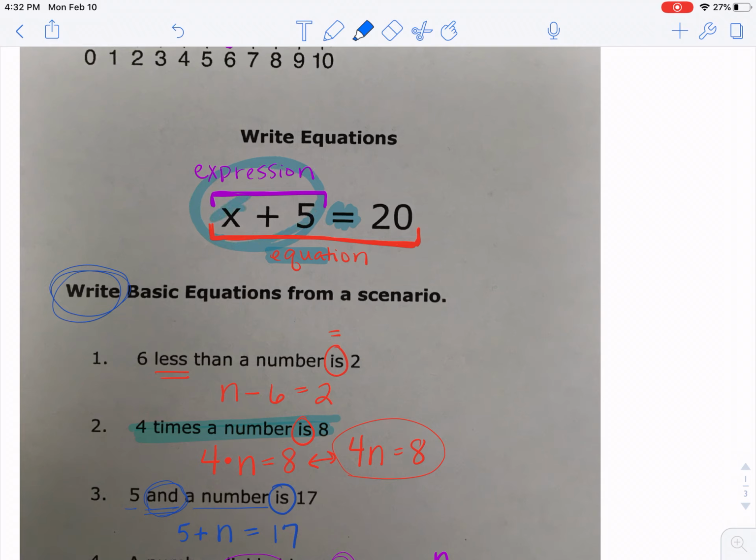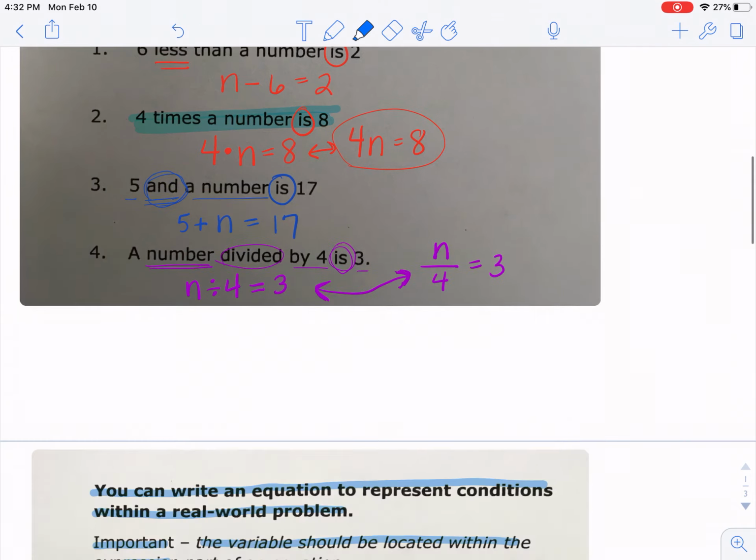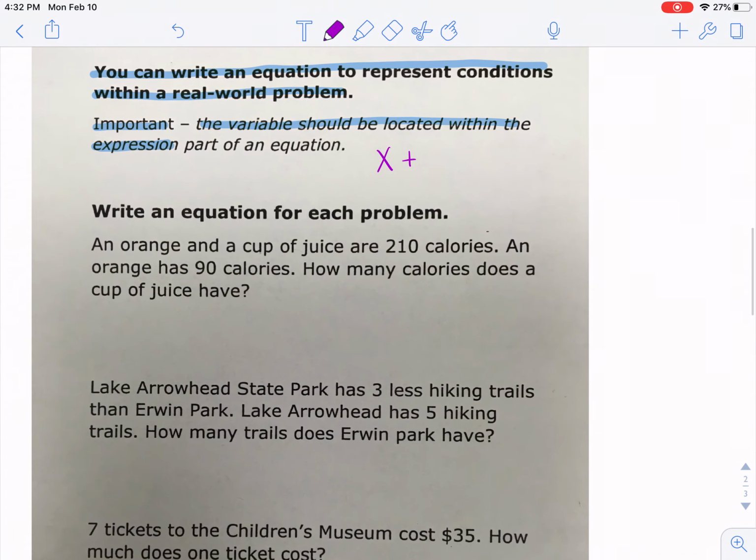So on x plus 5 equals 20, the variable should be located within the expression. And is our variable located in our expression part over here? Yes, it is. So that's just normally what's going to happen.